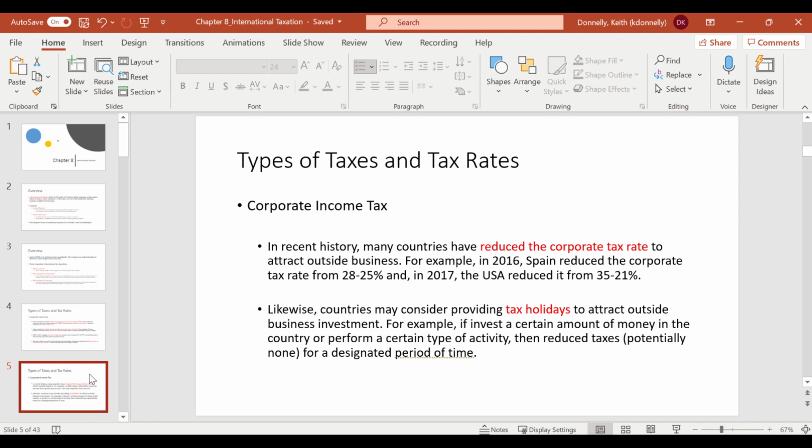Another thing you can do as a country to encourage outside investors to come in and build and grow in your country would be to offer a tax holiday. For example, if you invest a certain amount of money in our country, or you perform a certain activity, we're going to give you really reduced taxes or no taxes for a designated period of time. It's kind of like when Amazon was building a new headquarters, a second headquarters outside of their main office.